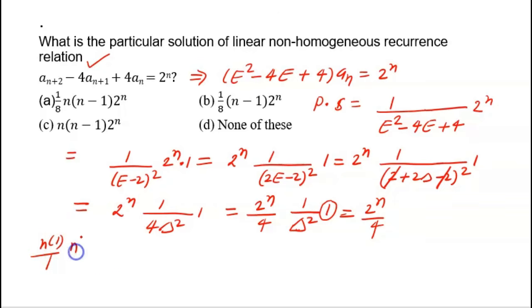If you integrate it again, you will get n to the power 2 by 2. So here also I will get n to the power 2 by 2. So the final answer is 1 by 8, 2 to the power n, and n to the power 2 is nothing but n into n minus 1. So which option will be the correct option?